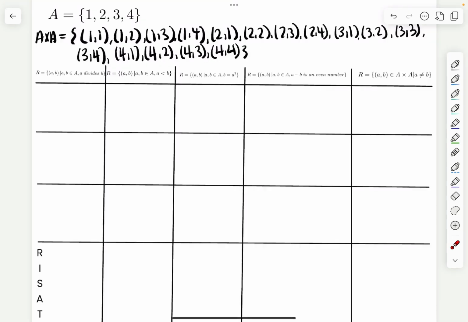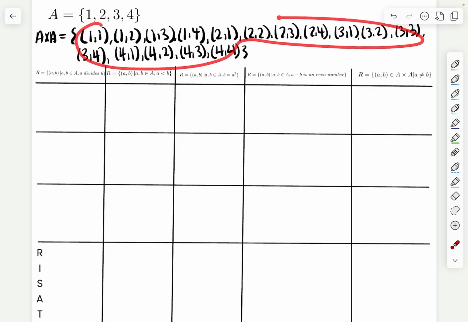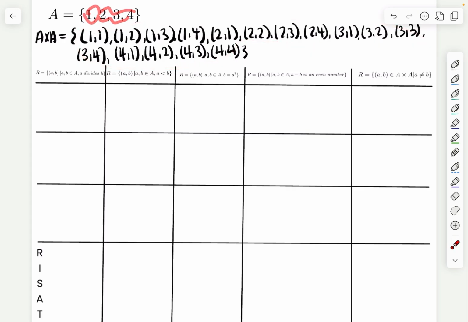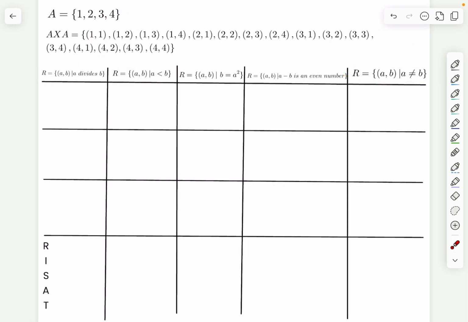So let's get started. So here we have a set A, its elements are 1, 2, 3, and 4, and we have the Cartesian product of A, which contains all of the possible combinations of all of the elements in A with all of the elements in A. Now I want to start with this one because it's the easiest, but just to note, in all of these relations, the ordered pairs should come from the Cartesian product of A with itself. In other words, if I read this, it says that the relation is going to be made up of all of the ordered pairs (a, b) such that a is not equal to b.